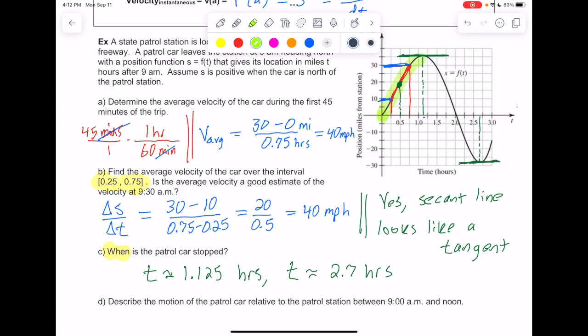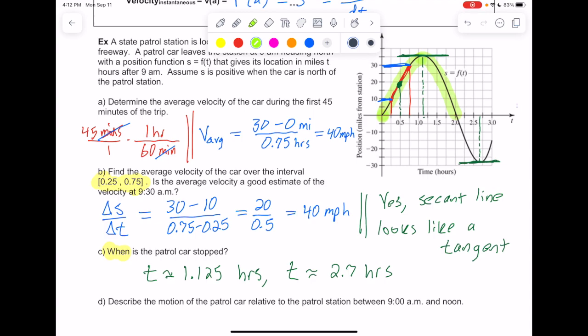And then it looks like somewhere just after an hour, we stop, and then we start turning back towards the station. Maybe we go through like one of those U-turn areas for police officers in the middle of a freeway. And it looks like about 2 hours after we left, our distance from the patrol station is 0. So we went up north, looks like 35 miles, stopped, turned around, and now came back.